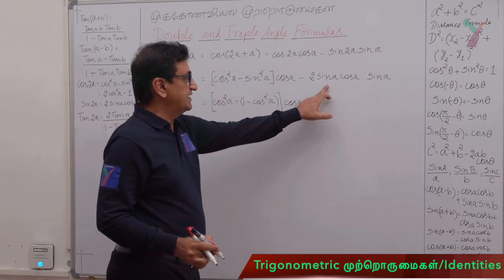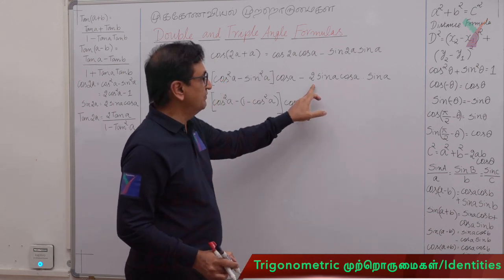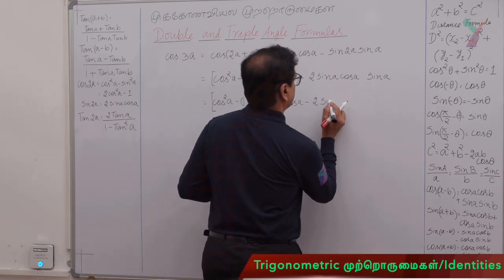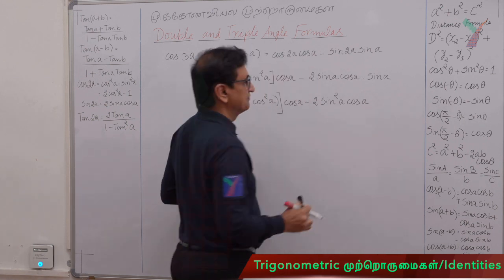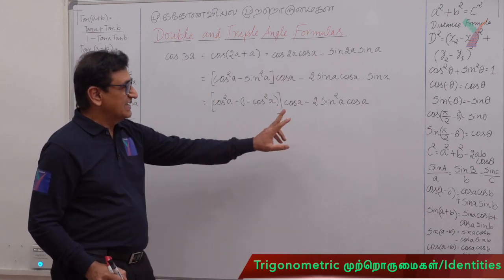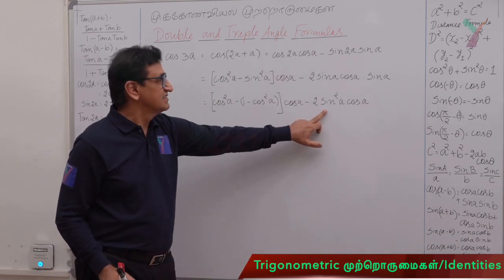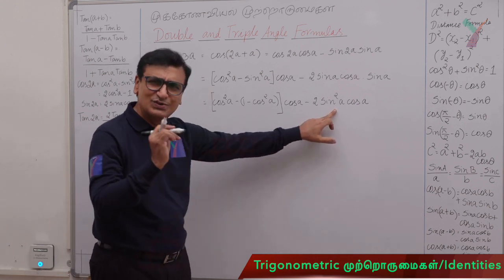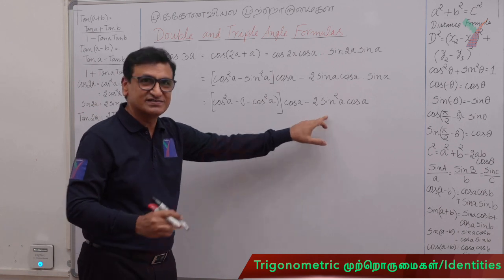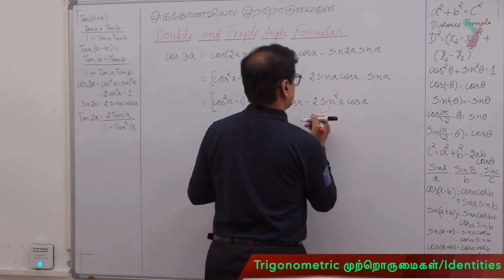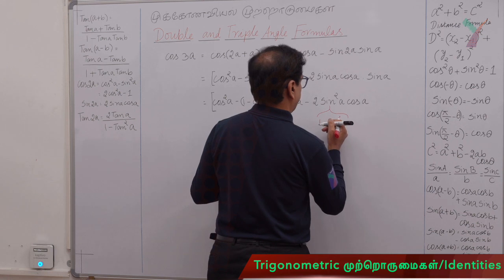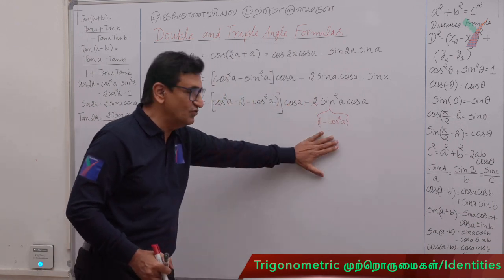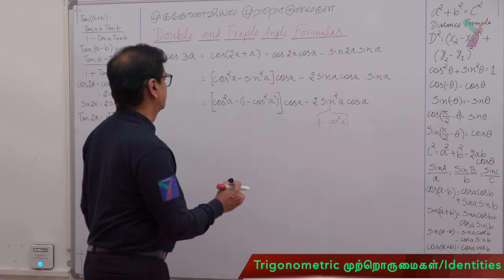And 2 sin A cos A sin A, so this will become 2 sin square A and cos A. Now, I can write this also as 1 minus cos square A. So I'll have no sin terms, only cos terms. Shall we do that? Okay, the next step, instead of sin square A, I'm going to use 1 minus cos square A.